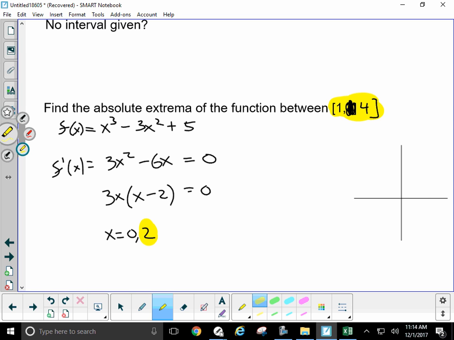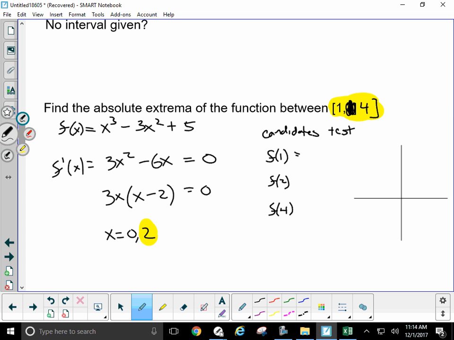Now, without having to do an analysis of whether or not we have a max or a min at 2, I can do my candidates test. I can say, hey, what are the y values when x is 1, when x is 2, and when x is 4? I am guaranteed to have an absolute max and min out of 2 out of those 3 candidates.